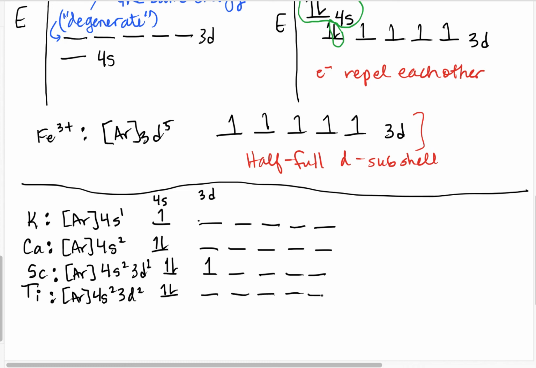All of these will have as many unpaired electrons as possible. The s subshell does have these paired up, but these d orbitals don't. All right, so 4s2, 3d3.